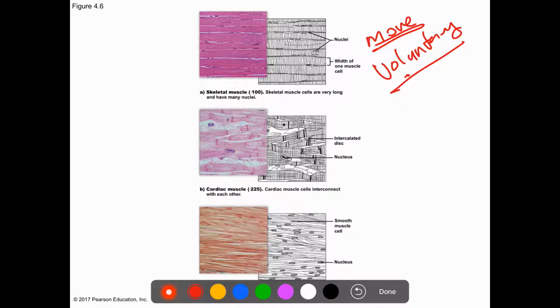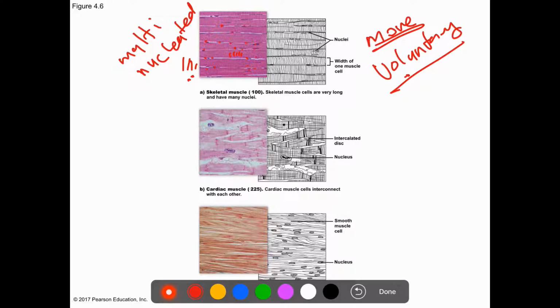These muscles usually are multi-nucleated, meaning that they have more than one nucleus. As you can see, all of these little dots are nuclei. And these lines are striations, so they have these lines within them. We are going to understand this when we talk about muscles.